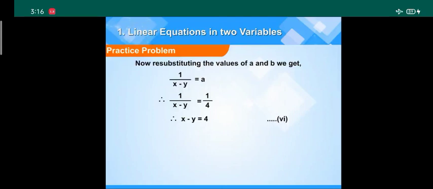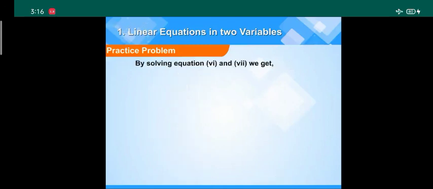This is equation number 6. Also, 1 divided by x plus y is equal to b. Therefore, 1 divided by x plus y is equal to 1 divided by 8. That is, x plus y is equal to 8. This is equation number 7.